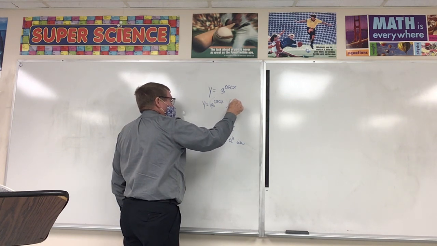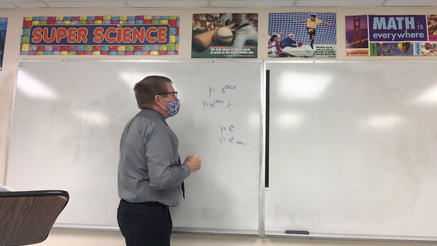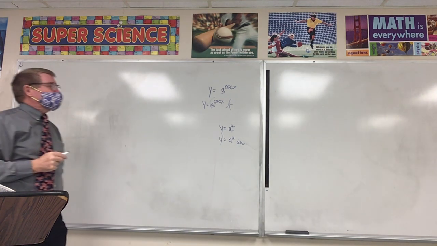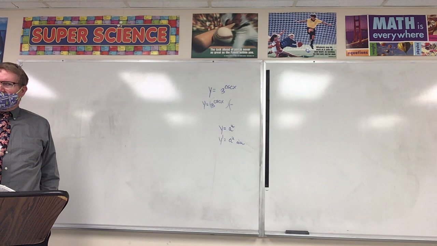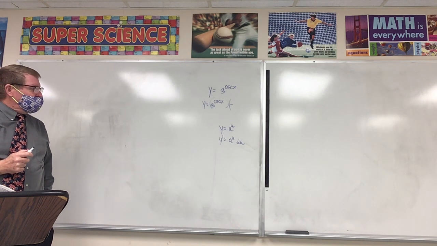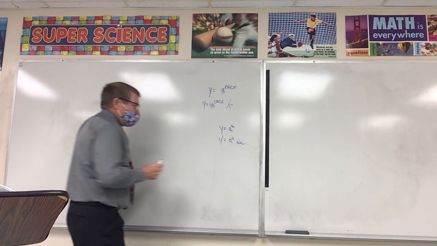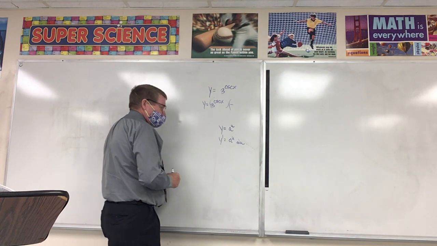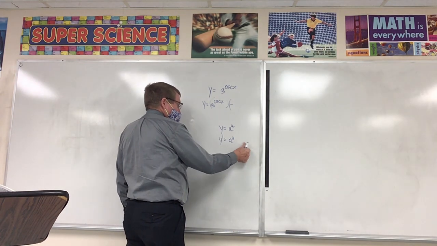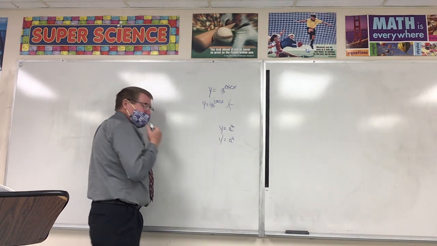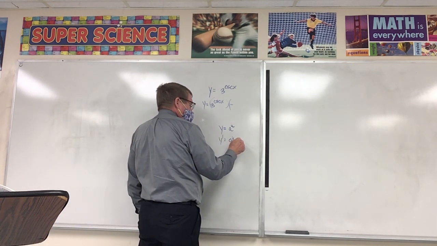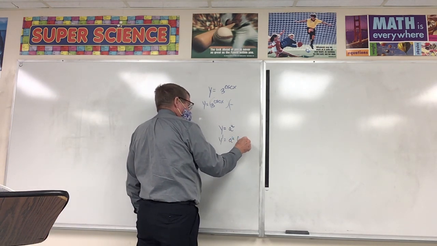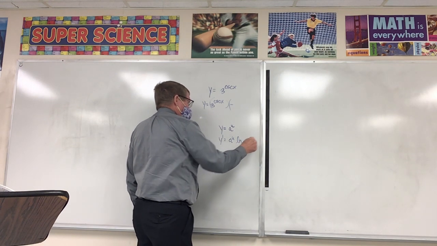Isn't it a to the u ln a du? Yes, this is like e to the u. So the derivative of a to the u is a to the u ln a du.